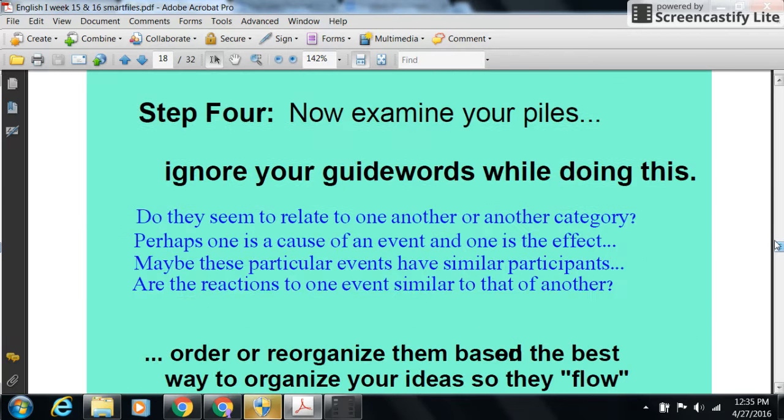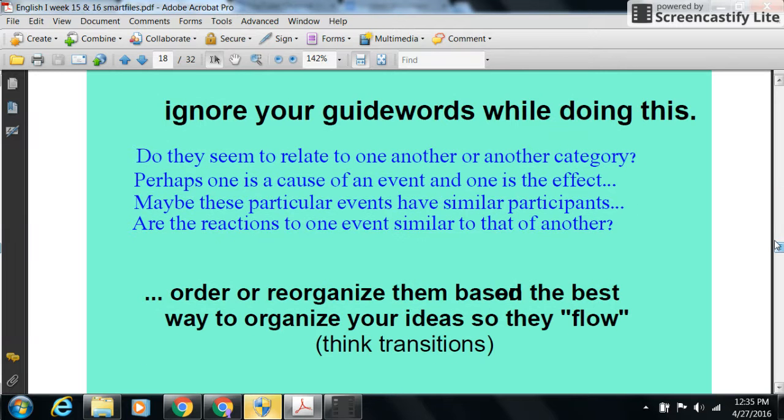After you do that, you're going to look at the piles and your stacks. And I don't want you to look at the guide words now. I want you to think about how you've got these cards organized. So if I have one big long pile about how Martin Luther King Jr. was a civil rights leader, all of those would probably go together. Would any of the other cards go in with that? Maybe. Think about this.